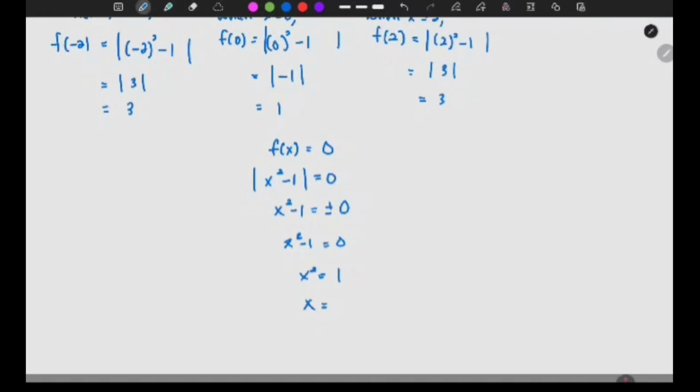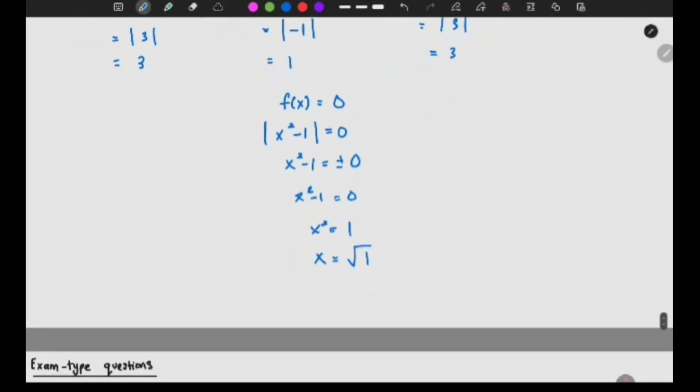But remember, guys, when you bring your square root, you're not just bringing that, you also have plus minus here. Okay? It's the same concept. If let's just say I have 2 square, the answer is 4.